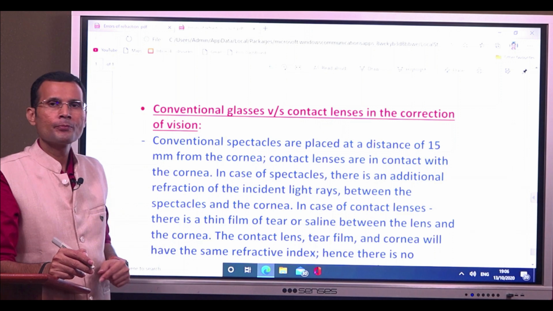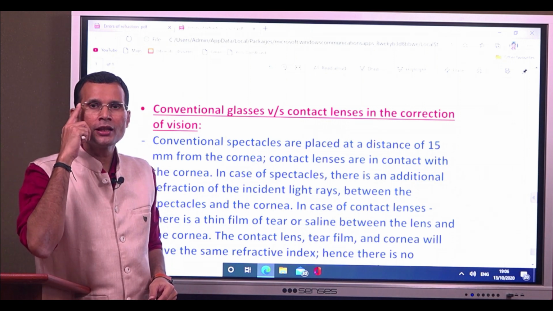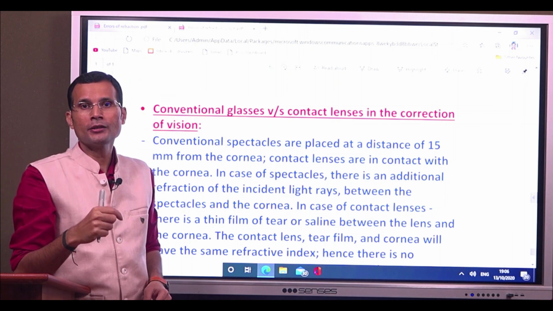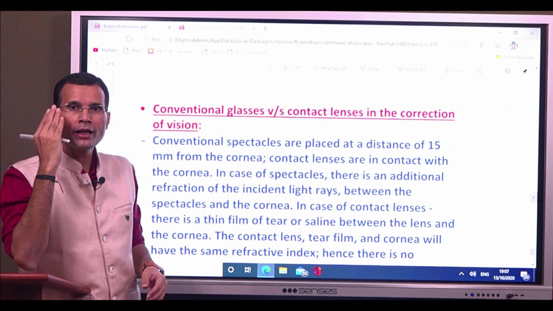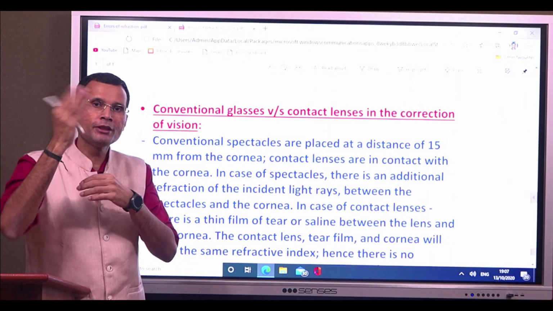I repeat once again, in the conventional glasses, there is the glass, then there is air, and then the cornea. Whereas in the contact lens, there is the contact lens and the cornea, and there is a tear film between the two.